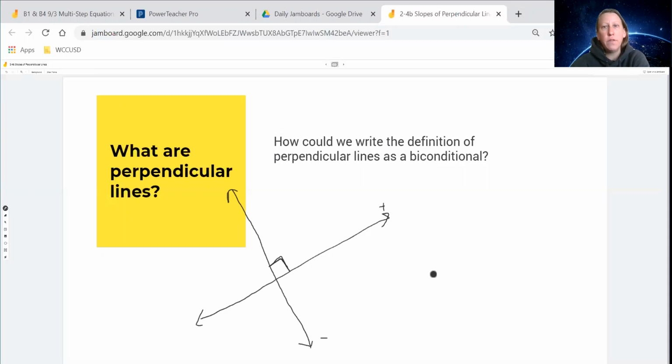Okay. So the definition of a perpendicular line is lines that intersect to form 4 right angles.